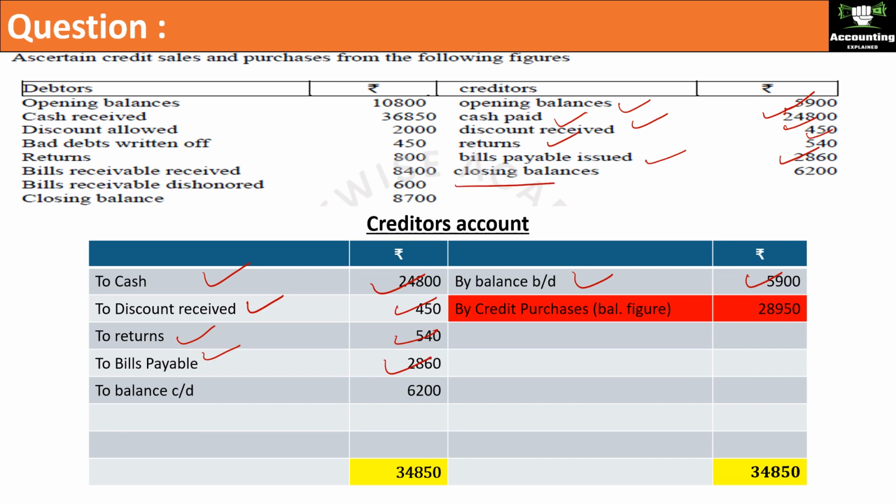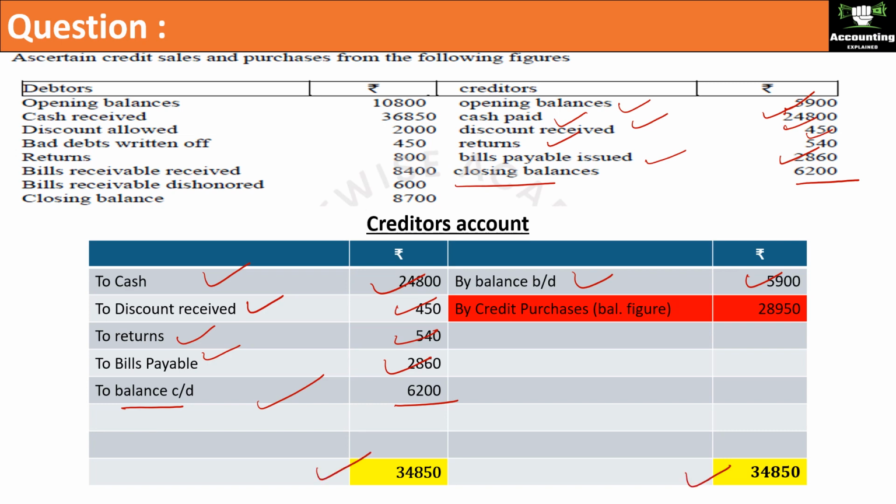Next, closing balance is 6,200, which will come on the credit side, by balance carried down 6,200. On seeing, we find that the debit side is more, so we take it on both the sides, which is 34,850, 34,850.